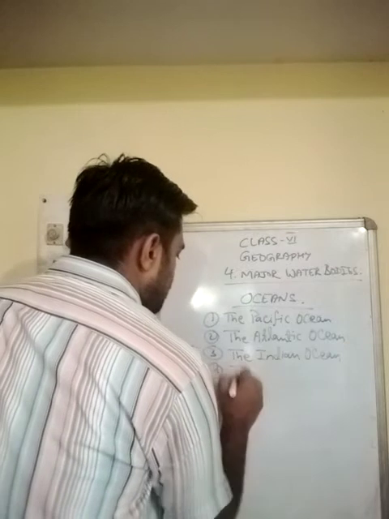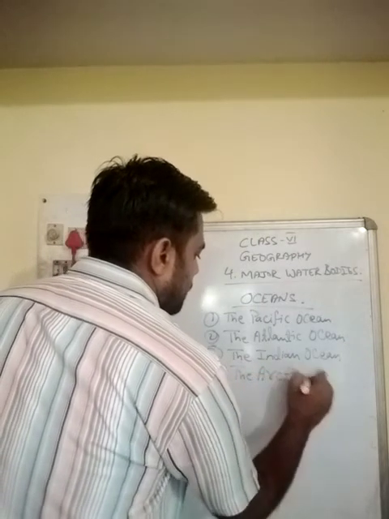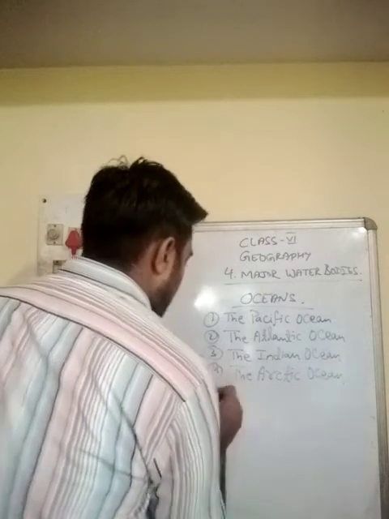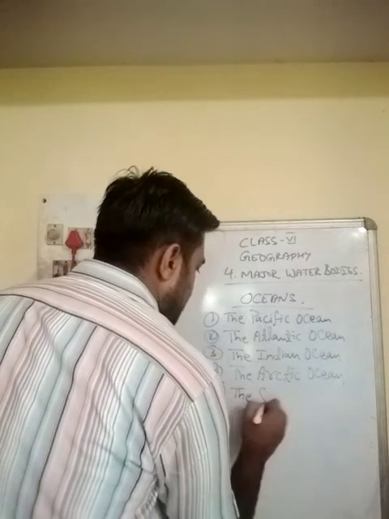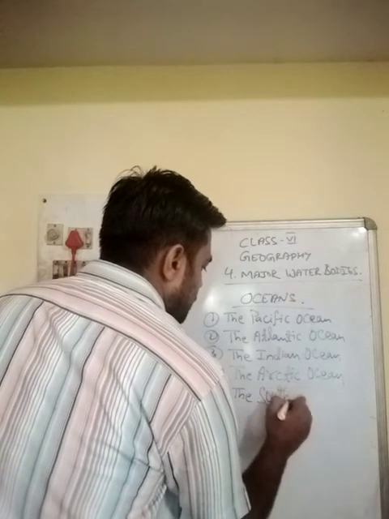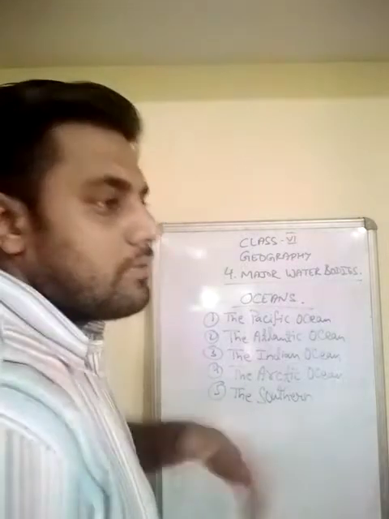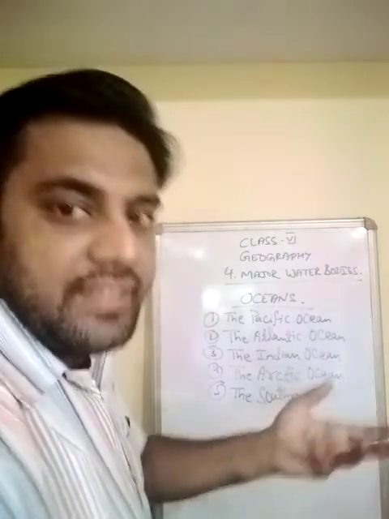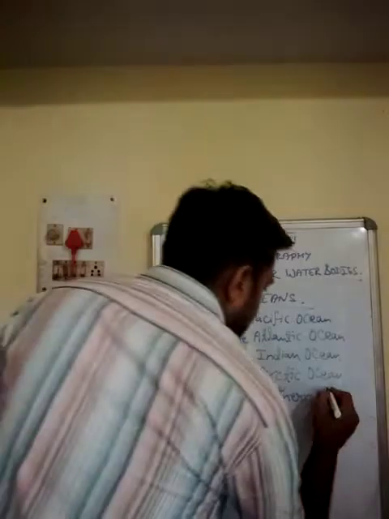Number 4, the Arctic Ocean. And number 5, the Southern Ocean. Some people call it Sudden, but it is not Sudden, it is called Southern Ocean.